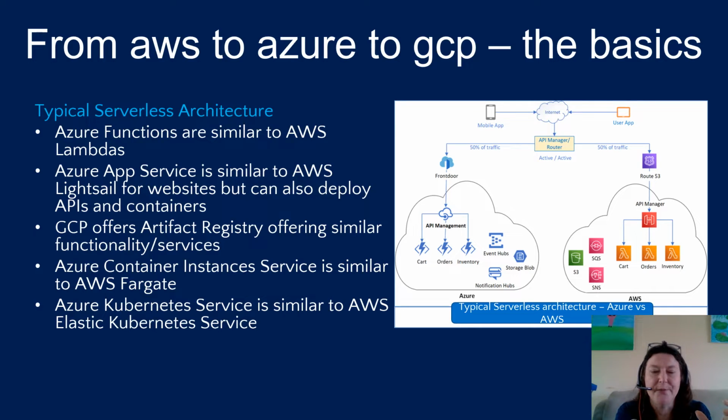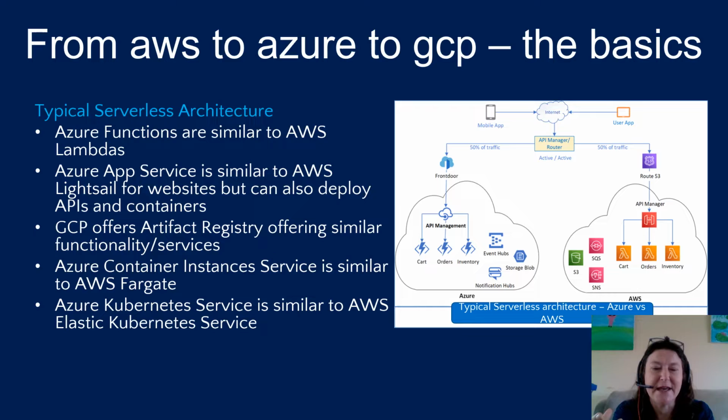You could do a get to find out all the cart items, and you could do a post to add an item to the cart, and a delete to delete something from the cart, that kind of thing. So this is typically what an API management system would allow you to do, to make changes to that endpoint using get, put, post, delete. And API Management in Azure, or API Gateway in AWS, would have some kind of security around it.